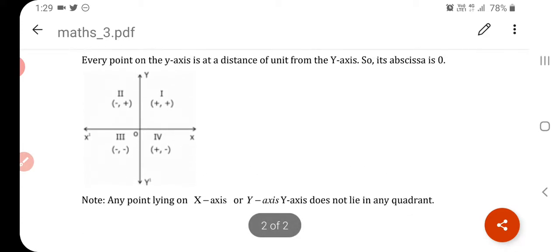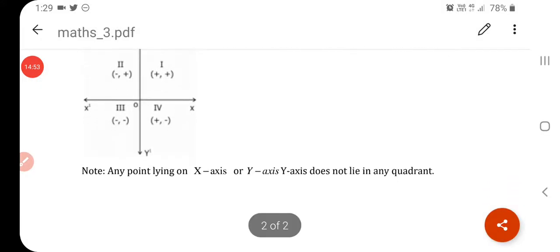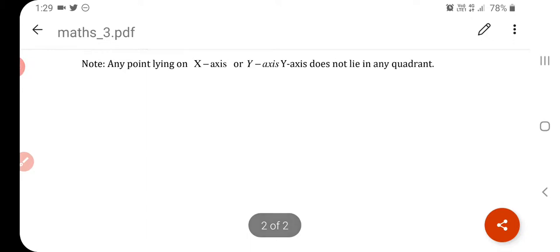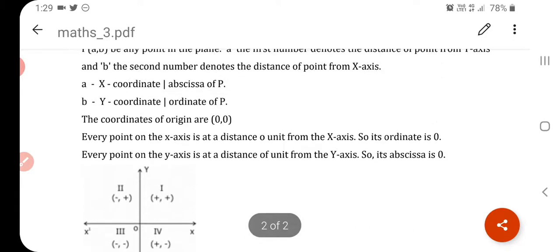Always remember: in the first quadrant both are positive; in the second quadrant abscissa is negative and ordinate is positive; in the third quadrant both are negative; and in the fourth quadrant abscissa is positive and ordinate is negative. Any point lying on the x axis or y axis does not lie in any quadrant. So these are the main points.